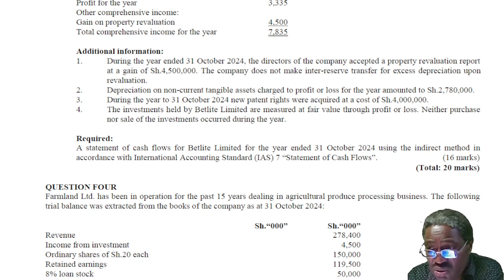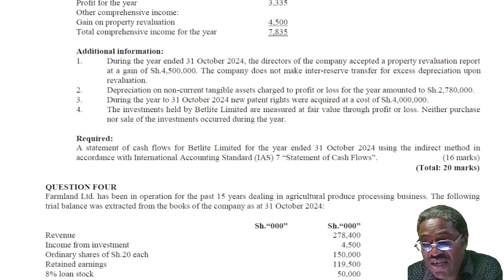As much as it's true, it's a non-cash item, did it affect the profit? The answer is no. The reason is that when you revalue an asset, you debit the asset and you credit revaluation. We normally don't debit the asset and credit P&L. If we were debiting the asset and crediting P&L, then you could say it affects profit.